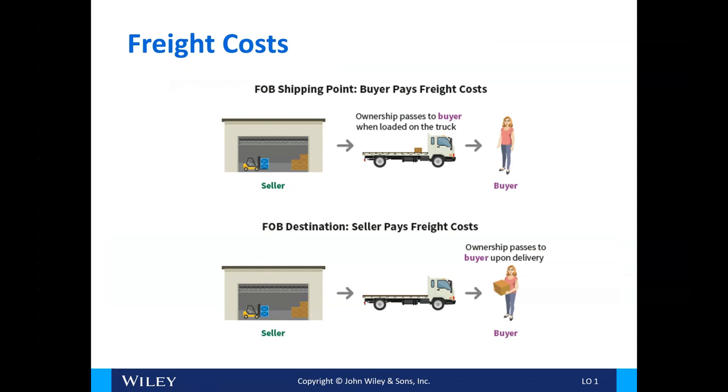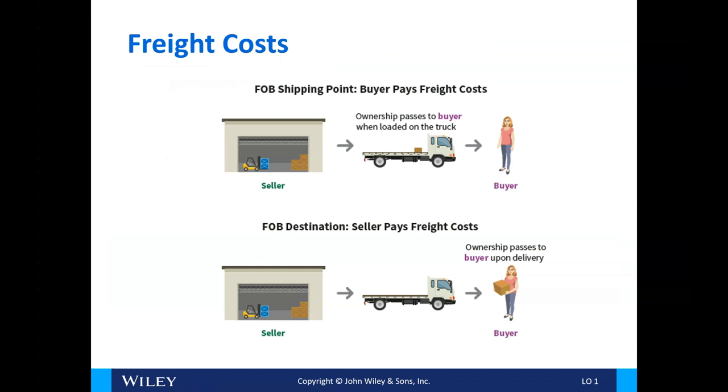It also determines who pays the freight. FOB shipping point means that at the shipping point, the title is transferred to the buyer, and so the buyer pays the freight cost. FOB destination means that the seller pays the freight cost and the buyer doesn't take ownership of the goods until they're at their dock.